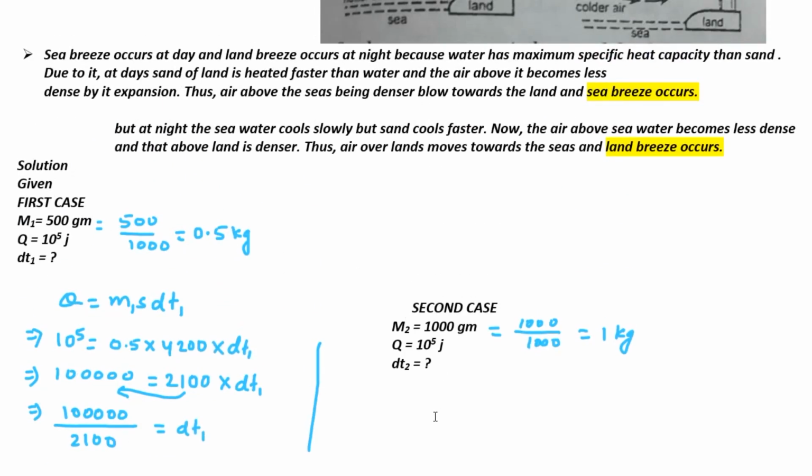In the second case, again we have the heat equation Q equals m s dt, and here we have mass 2 and dt2, and Q and S are the same. The value of Q is 10 to the power 5, mass is 1 kg, specific heat capacity 4200, and we have to find dt2.